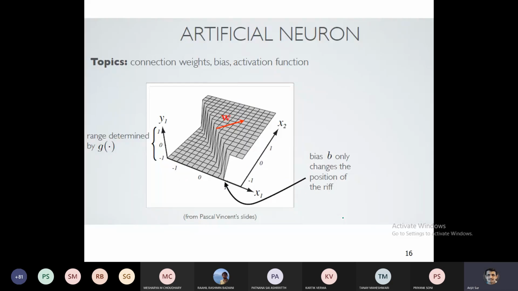So the idea is that this bias term, we already said the bias term, is basically a shift. You can say this is a shift. So this is the bias.